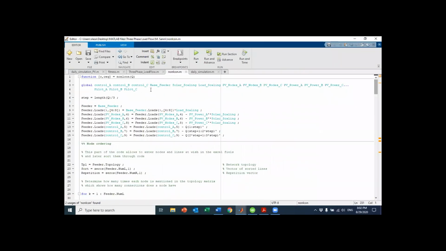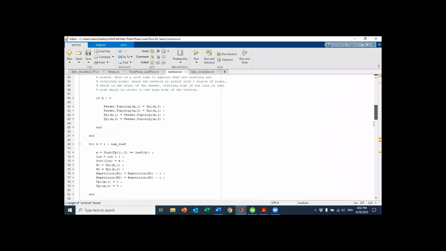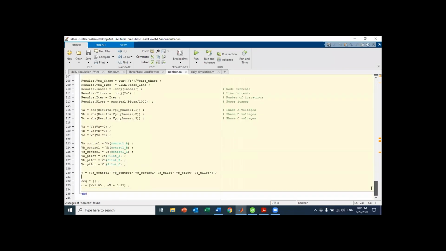So for a given interval t, we call this function, and using the data on the current time interval, it updates the loads and updates the power from the PVs, both active and reactive power, and goes to the load flow methodology. After that, we have the voltages of the control buses and the voltages of the pilot buses. We make that one vector, and we return C and C equality.